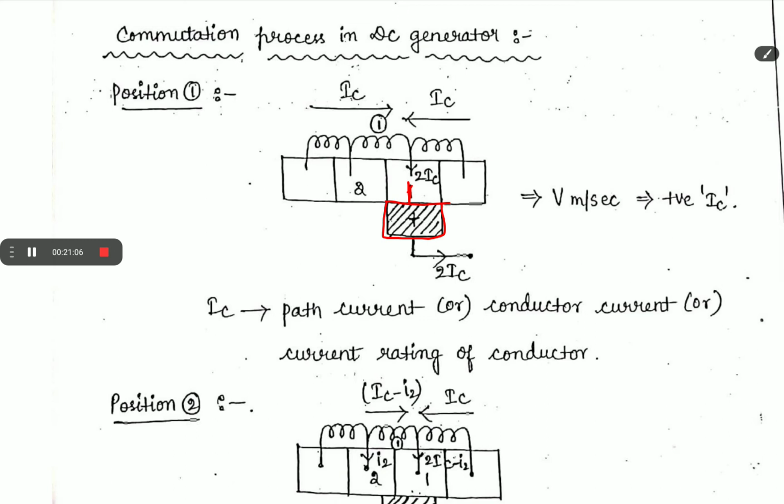Now the total current flows from here, and from here there will be an equal amount of current to here. So if 20 ampere is coming from this side and 20 ampere coming from this side, the total current to the brush is 40 ampere.